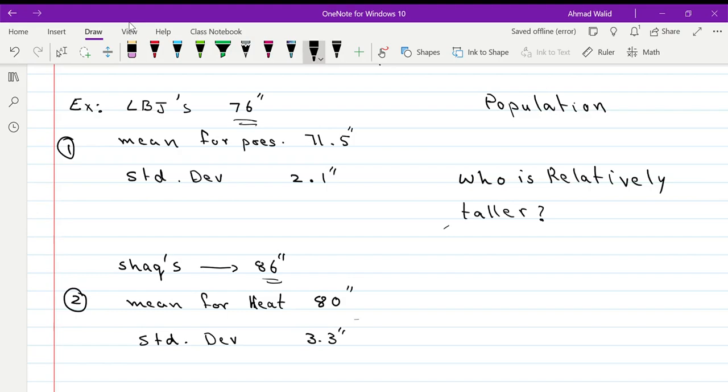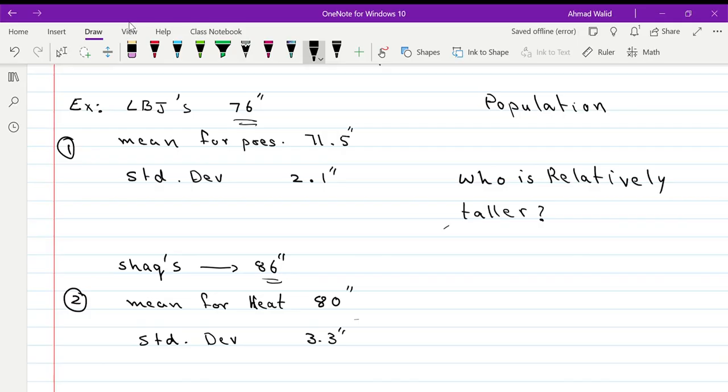In absolute terms, talking absolutely, definitely Shaq is taller than President LBJ. Correct? Because he is 86 inches. It means how many feet? 6'4", something like that.